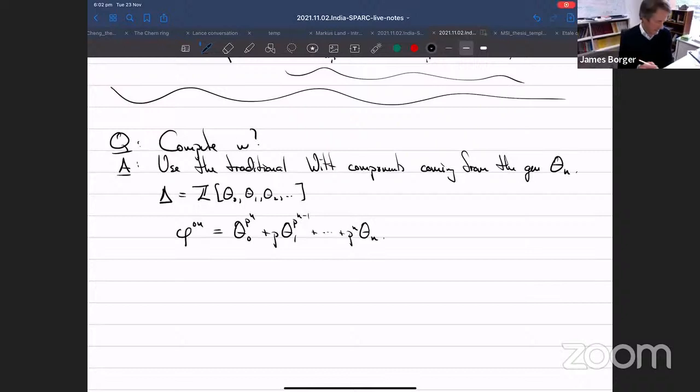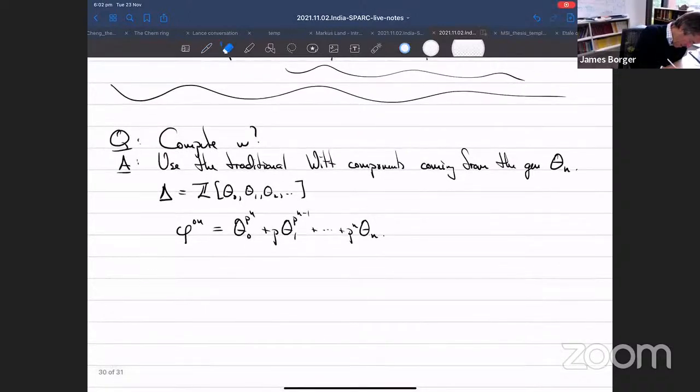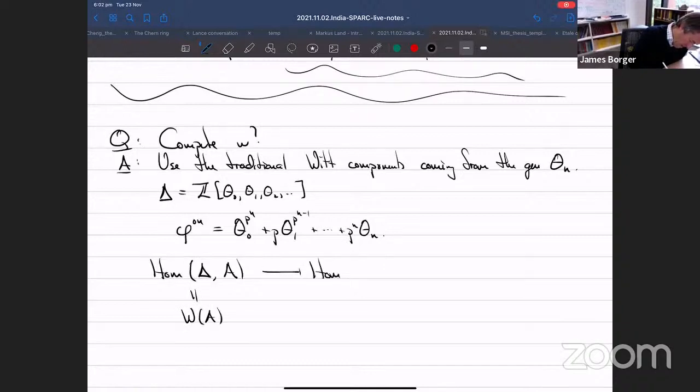But what that means, if we just now think about it, remember we have hom delta A. That was another way of saying what Witt vectors were. And then we have hom phi A. This is another way of saying just this product ring. If we use the coordinates on WA coming from these, then this map is described exactly by these polynomials.